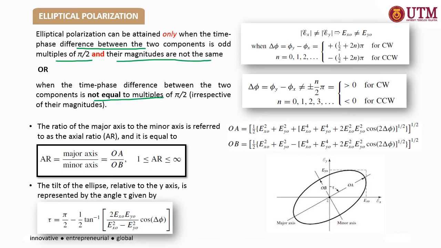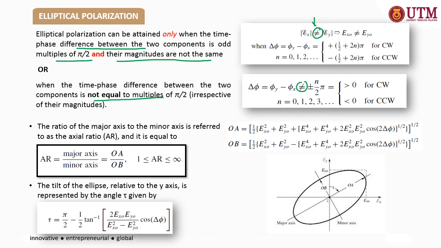Both conditions can be represented by the equation shown on the right hand side. In the first case, it is more or less similar to circular polarization, but the magnitude is not the same. And in the second one, the phase is not equal to a multiple of π/2.